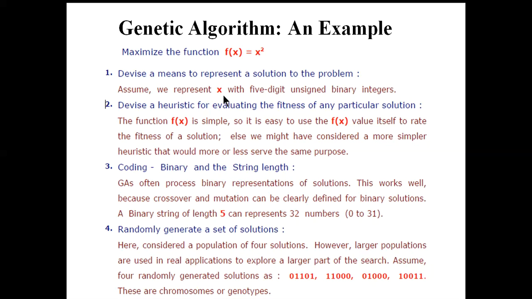Okay, and ultimately they can reach the global optimal solution point. Now, to understand the genetic algorithm with more clarity, let's consider the same example. We want to maximize the function f(x) = x², and the upper and lower limits for x are 31 and 0.